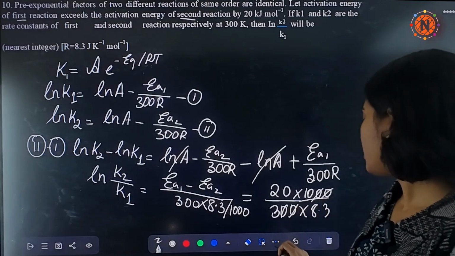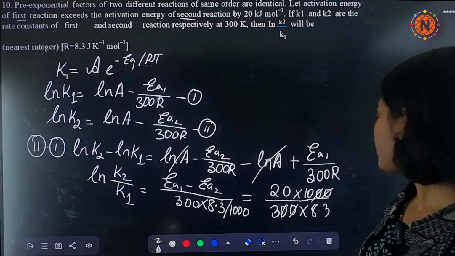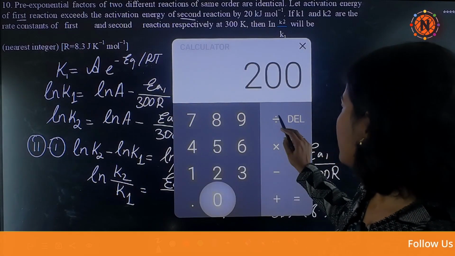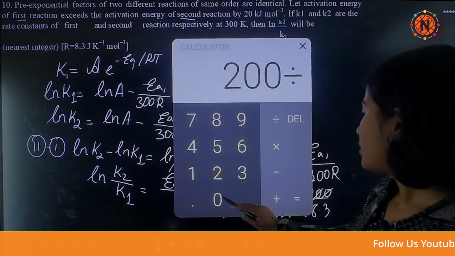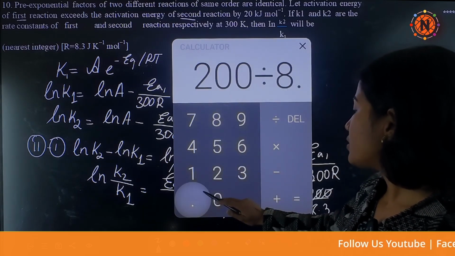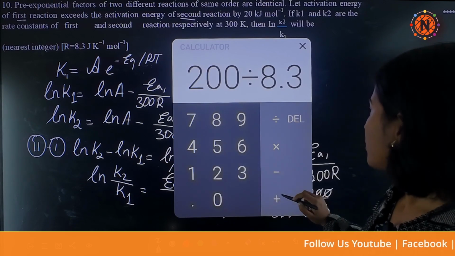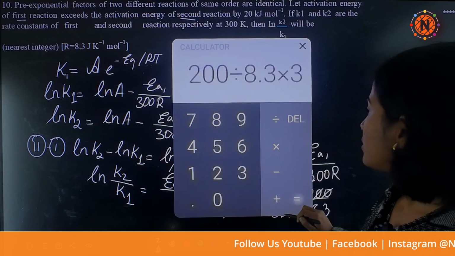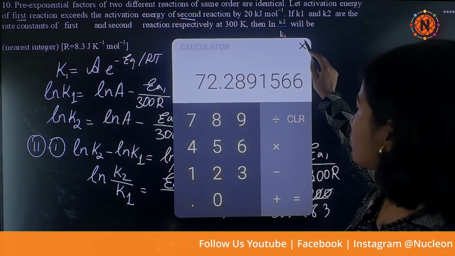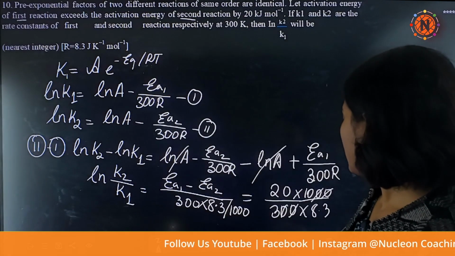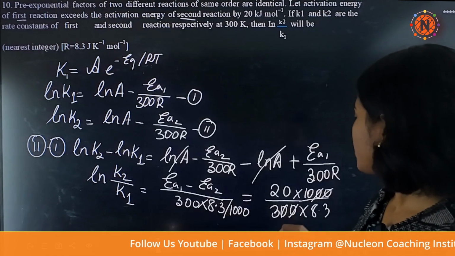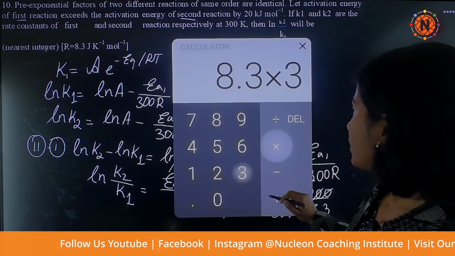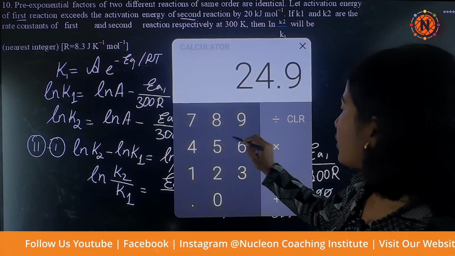So what would be the final answer? It would be 200 divided by 8.3 into 3, that is equals to 72.89. Let us again do it once more. Okay, 8.3 into 3, 24.9.